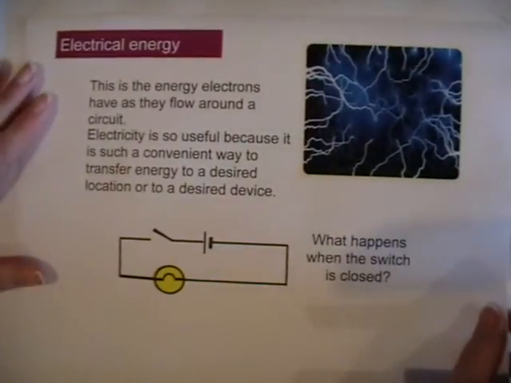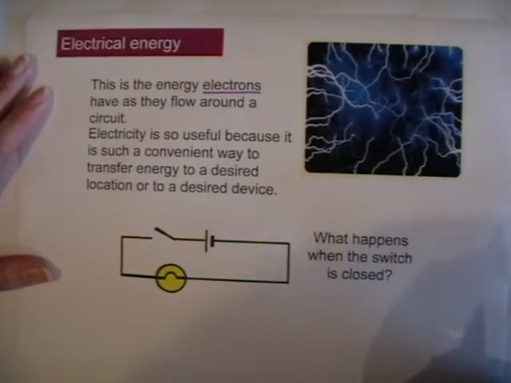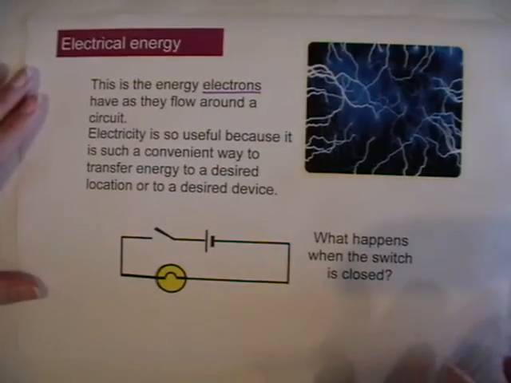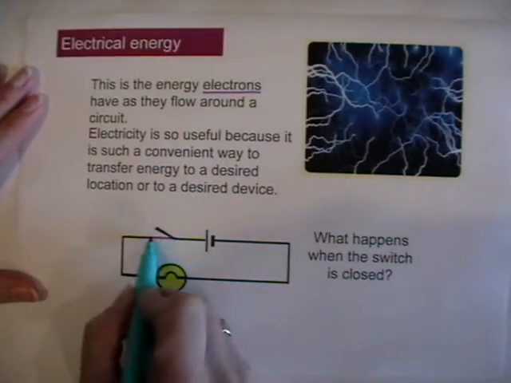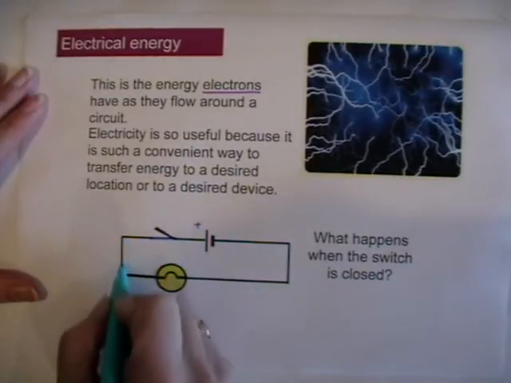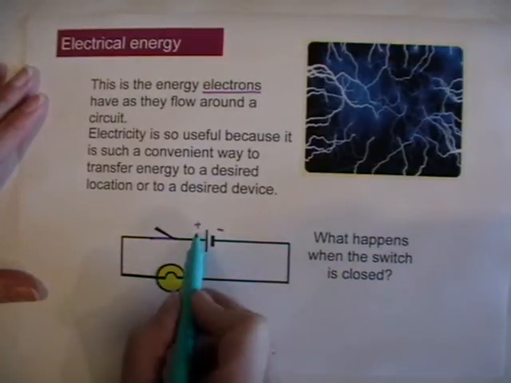The next one then on our list is electrical energy. This is the energy electrons have as they flow around a circuit. So it's the energy carried by the electrons around the circuit. Electricity is so useful because it's such a convenient way to transfer energy to a desired location or to a desired device. In this circuit, what happens when the switch is closed? Well, when we close this switch, it makes a circuit, and electrons leave the positive of the battery, flow around the circuit, and back into the negative of the battery.